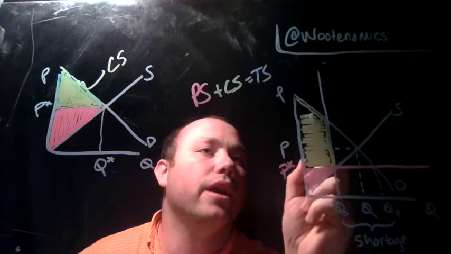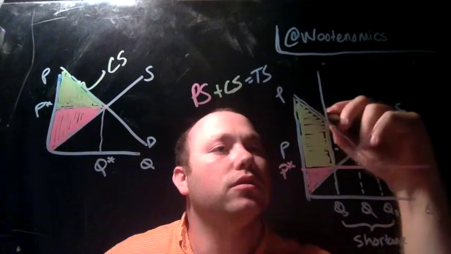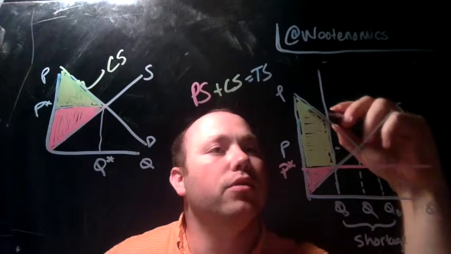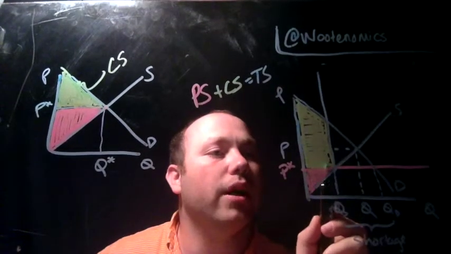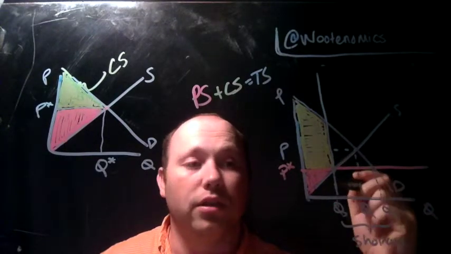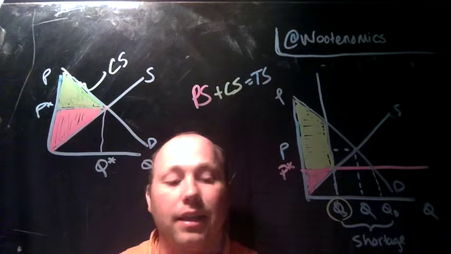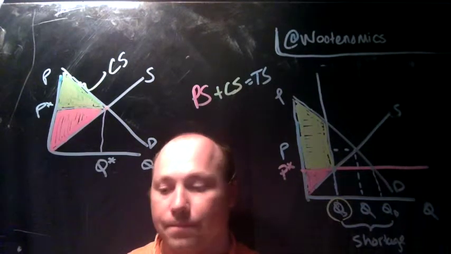So this upper area represents consumer surplus. Again, below demand, above price, but we have to stop at this vertical line because the QS is the only amount that firms are actually selling in this market.